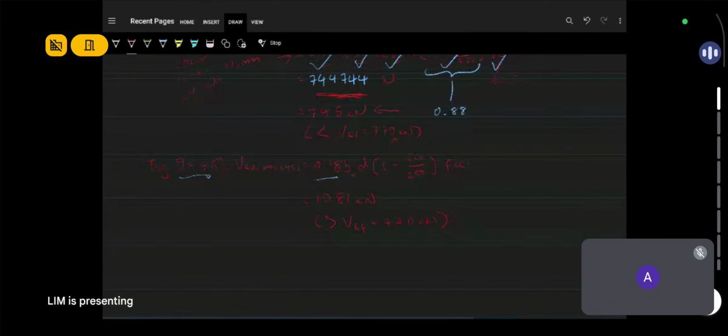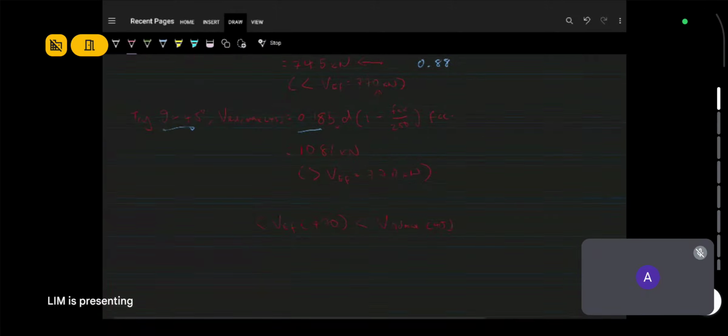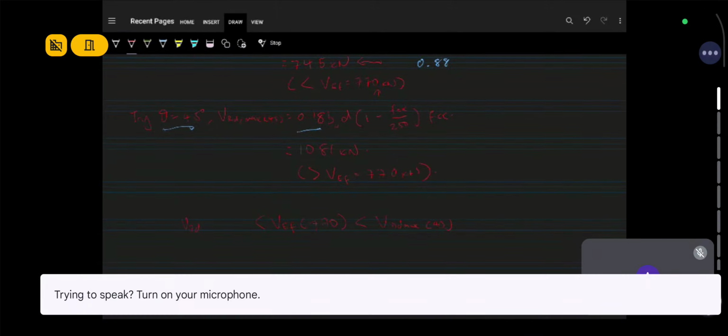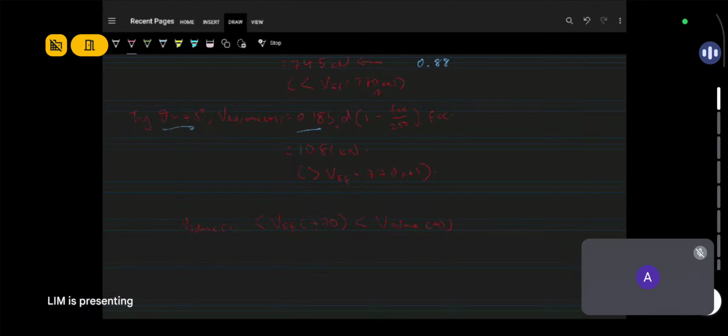Now you know your VF, which is 770, is less than VRD max 45, but it's bigger than VRD max 22.